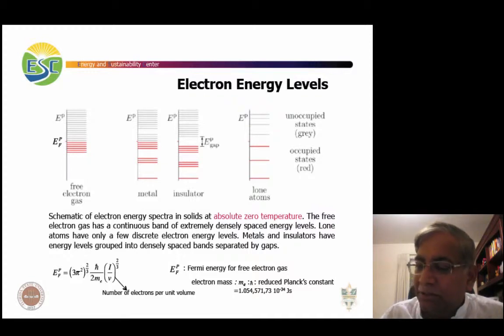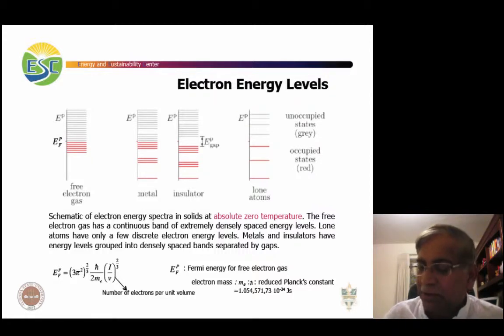The minimum energy required is the difference between the top of the valence band, which is this line here, and the bottom of the conduction band, which is indicated by the marker here. It is typically of the order of electron volts, comparable to atomic potentials for outer electrons. This is in turn comparable to the ionization energy, a great amount of energy on the atomic scale.